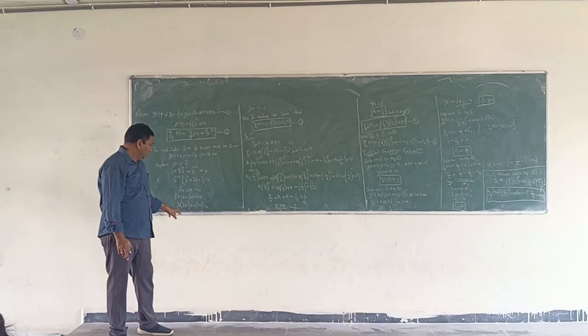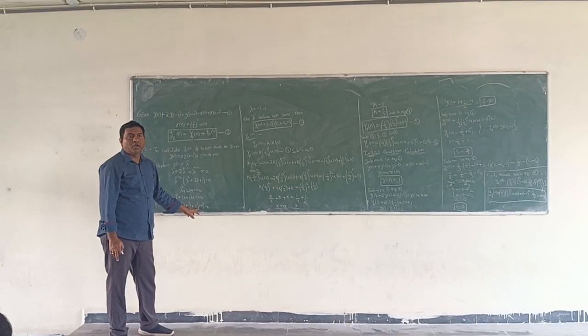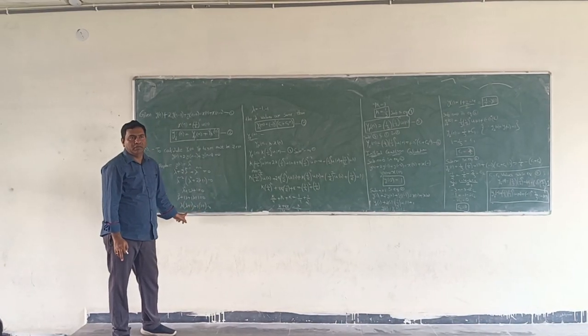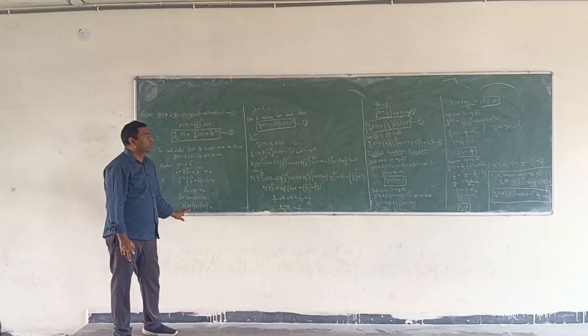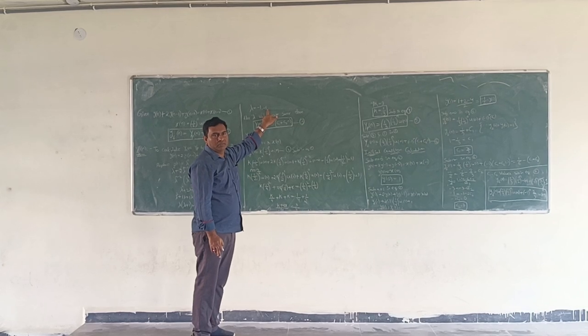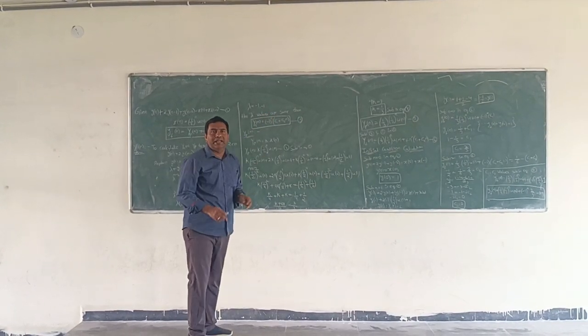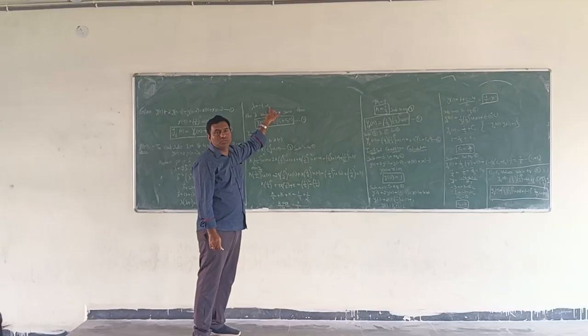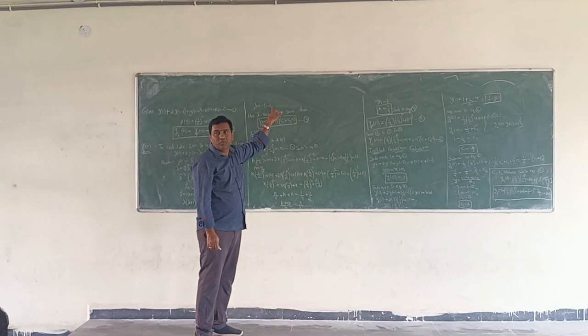Then you have to find the factors for this lambda, by factorization. So what are the roots we have got? Lambda equal to minus 1 and minus 1. Here we are having equal roots.